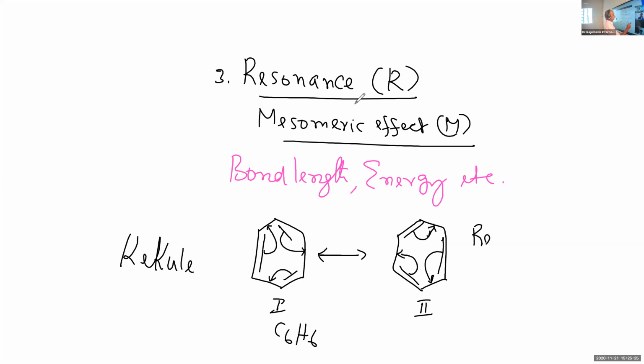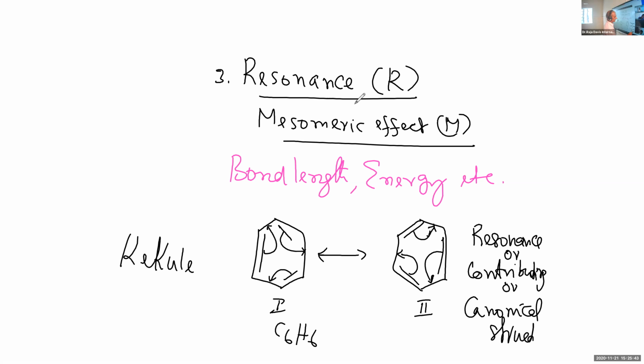They are called resonance structures, or contributing structures. They are also known as canonical structures. So the actual structure is a hybrid of the various structures.